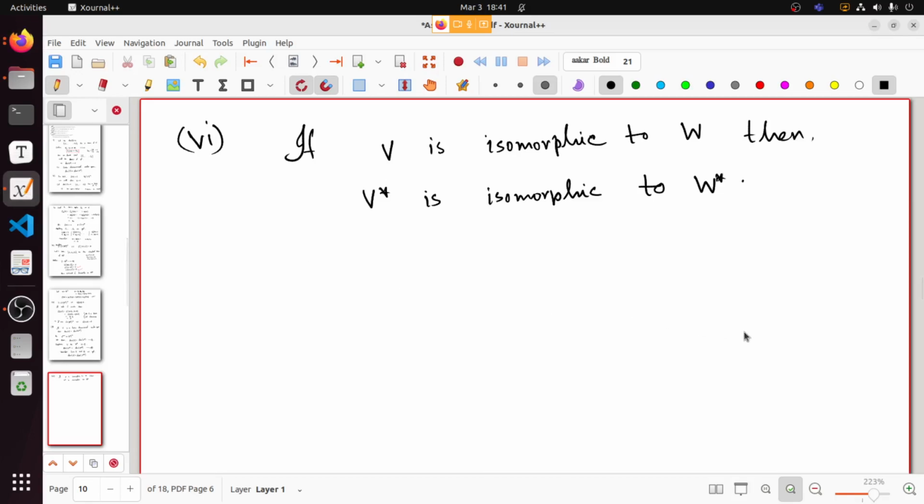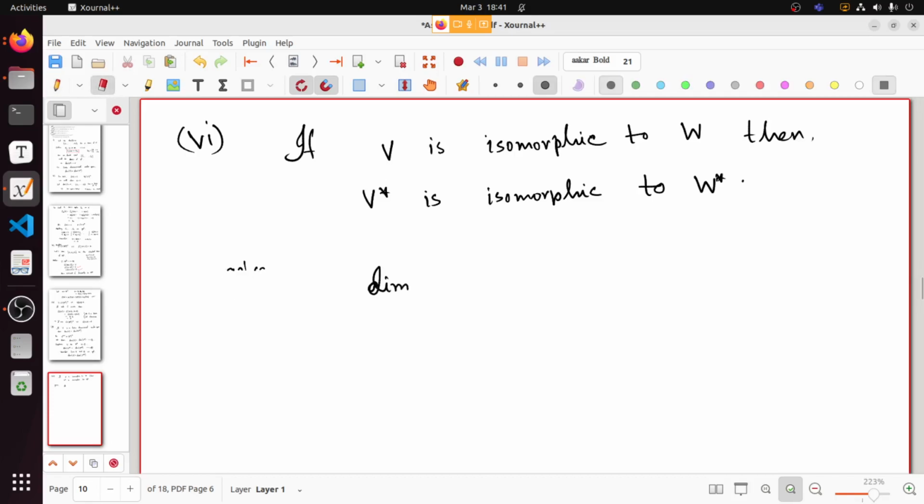For finite dimensional vector spaces, if the dimensions of two vector spaces are equal, then they are isomorphic, right?